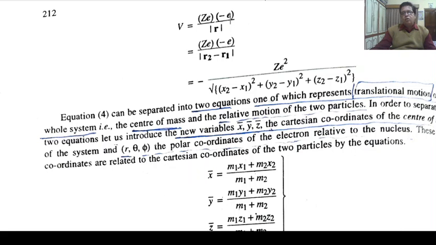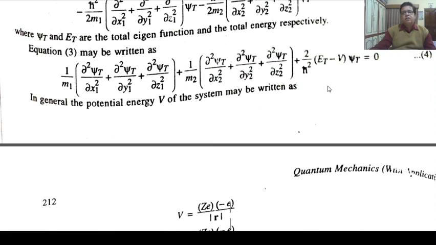Now, according to this, equation 4 can be separated into two equations.